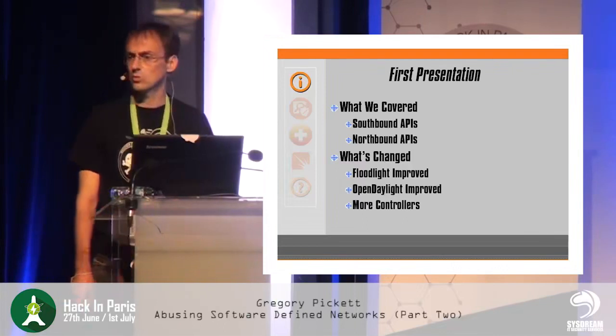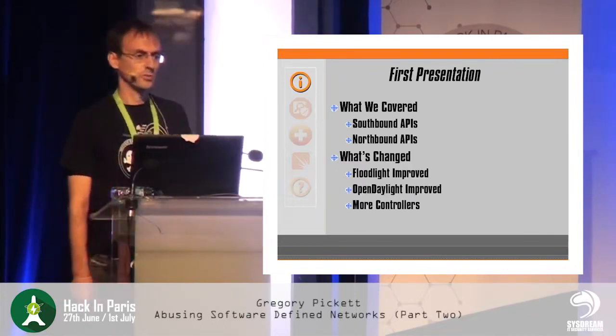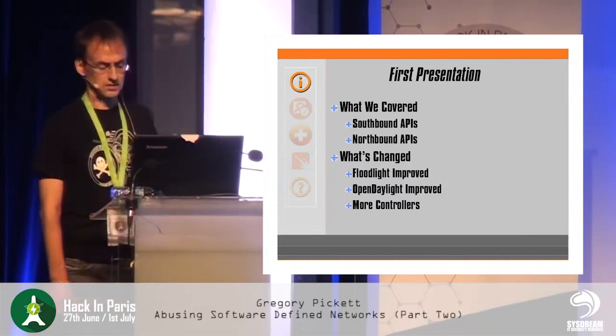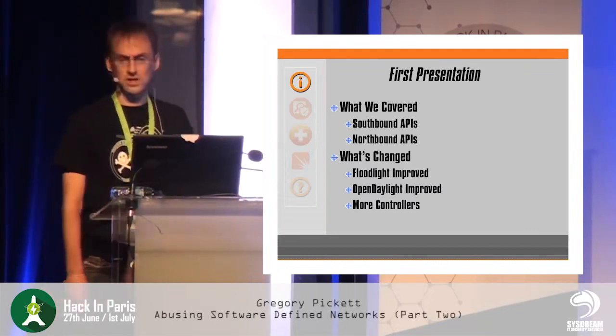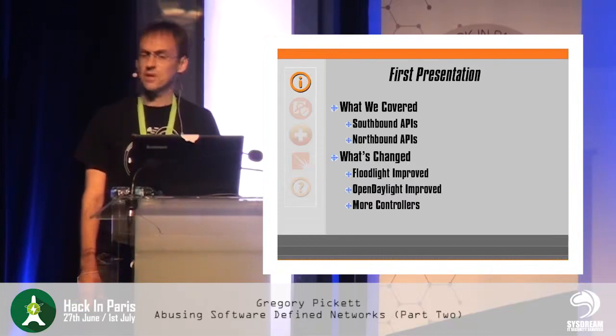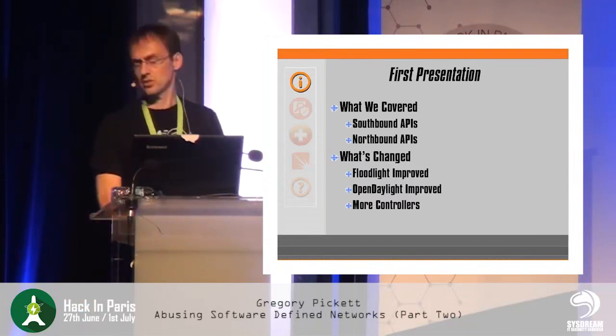So lots of really fundamental problems with these products, with these controllers. And of course, this is nothing new. When something comes to market, people are really interested in features, not so much in security. So we were able to get them started on fixing that sort of thing. And what's changed in the last 2 years? Floodlight has improved significantly. Originally, I believe their response was, it's meant for a POC, it's meant for the lab. It doesn't have to be secure.